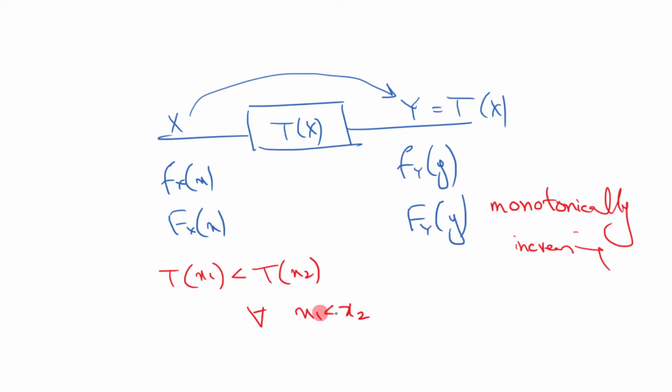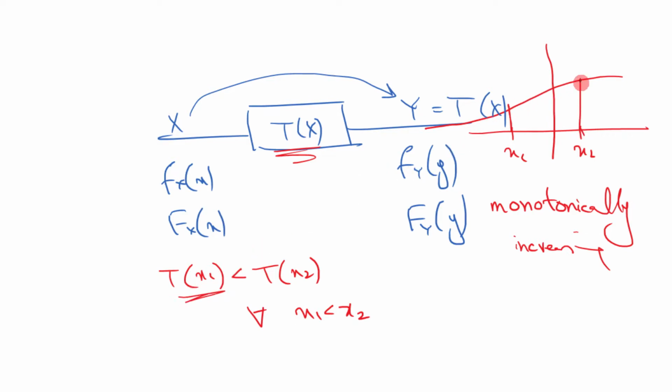If you plot such a monotonically increasing transformation, this T of x, it will look like this. Here for x1 less than x2, this value T of x1 is less than T of x2.